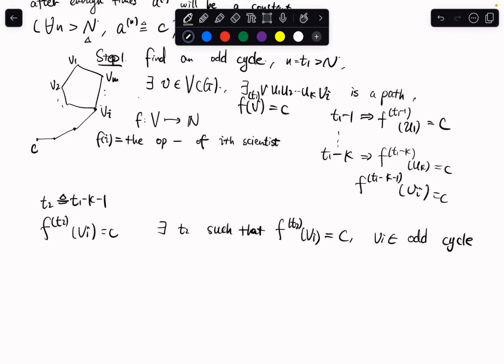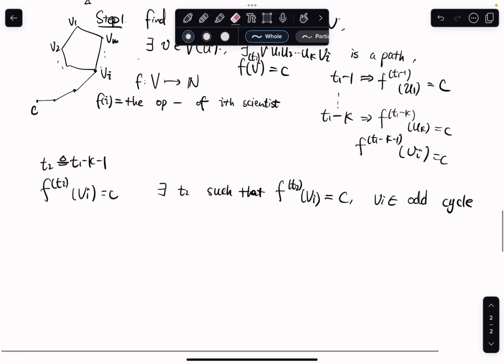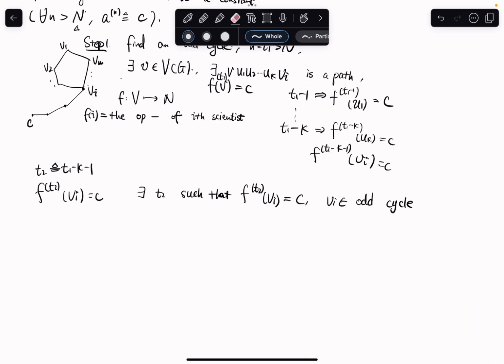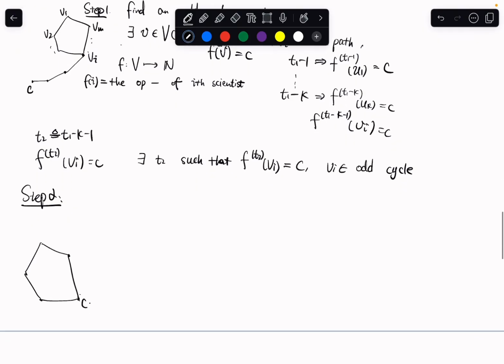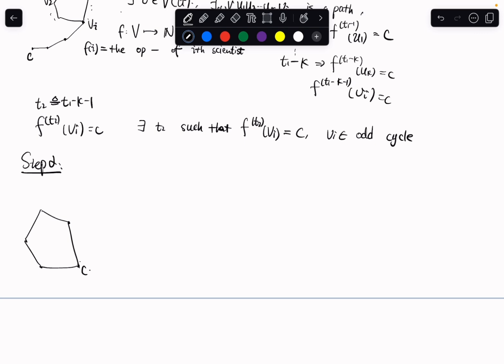Then we will derive something from the odd cycle, like this is step 2. In an odd cycle, we have that this is one of C. Then we will derive that after some time there will be all C in the cycle. The cycle is v1, v2, ..., vm, where m is odd.